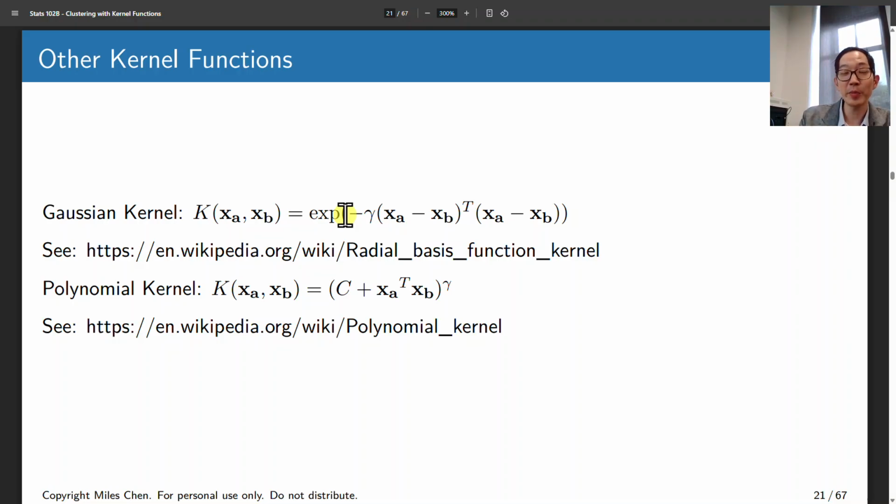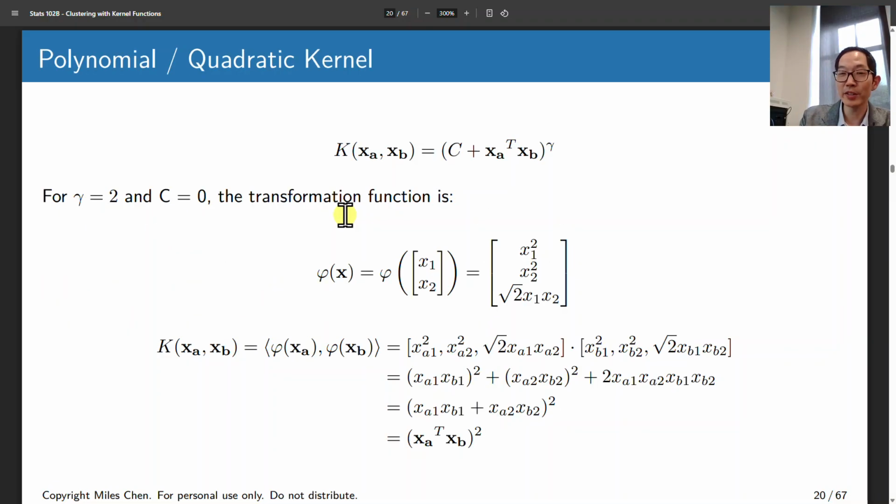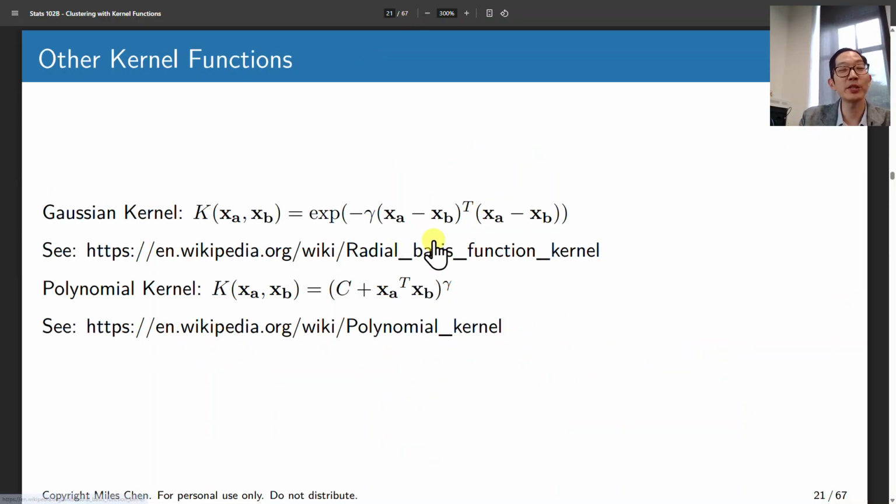To get the same answer, technically there is some transformation function phi, but as far as the radial basis function goes, phi takes your two-dimensional vector xa and projects it into infinite-dimensional space, which is kind of mind-blowing. It's based on the Taylor expansion of the exponential function, which you learn in Calc 2 or somewhere along the way, right?